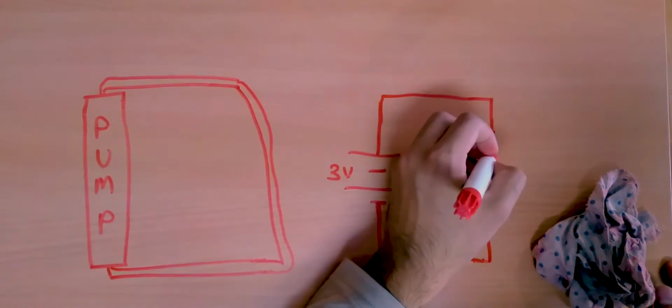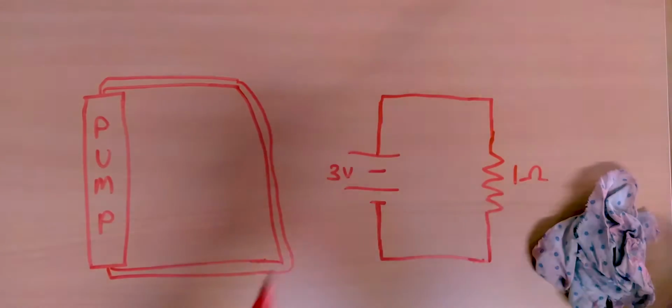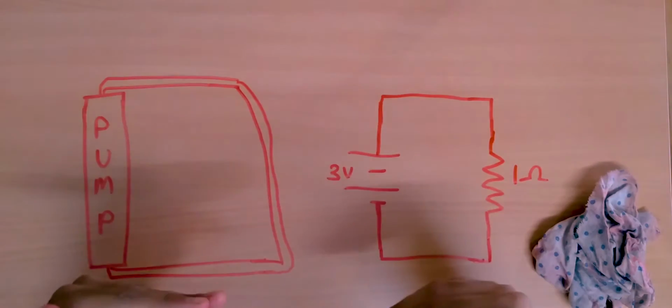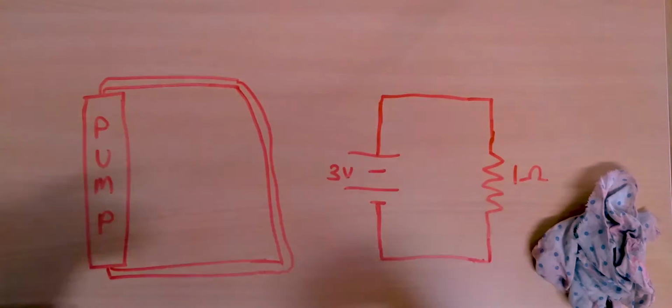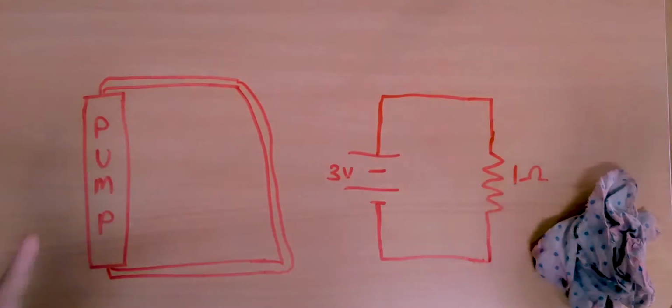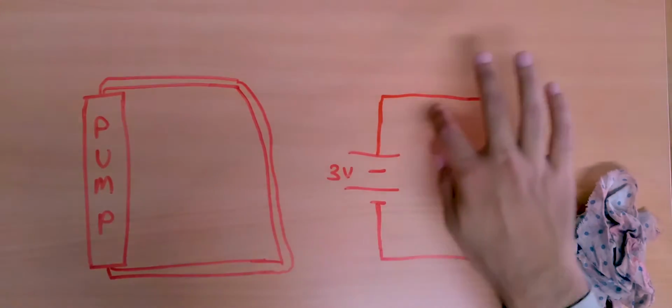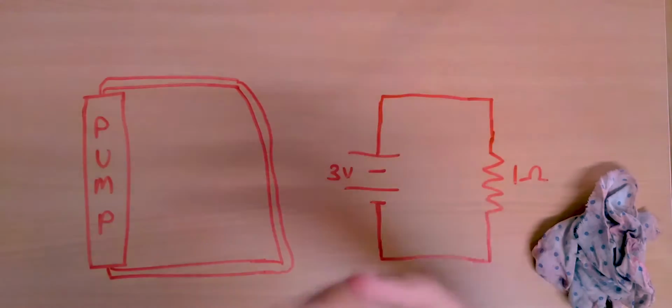Let me take a simple 1 ohm resistor. Now a 1 ohm resistor has a very low resistance, which means it does not resist current too much, right? It allows the current to flow pretty easily because it is low resistance, and therefore the current is pretty high.